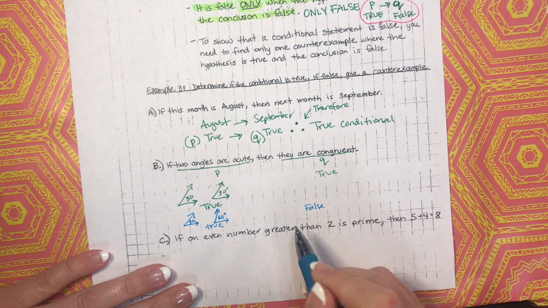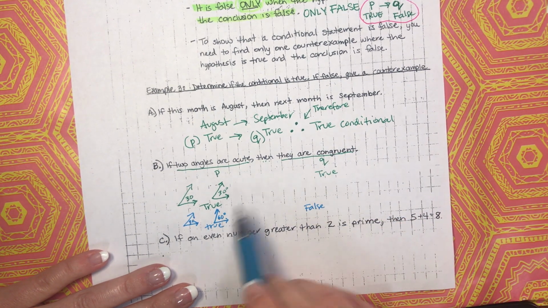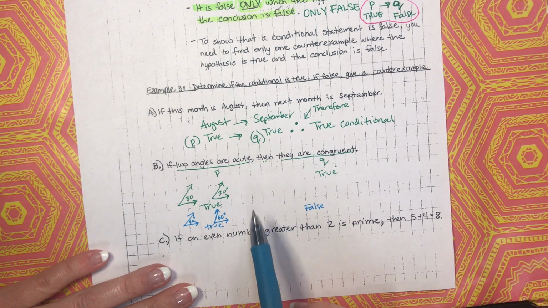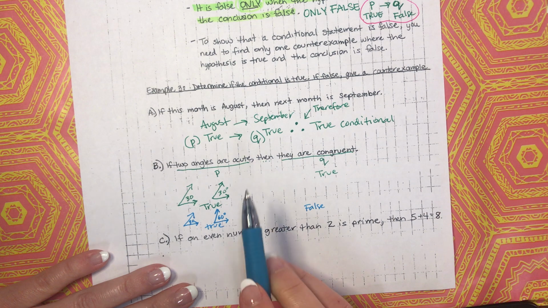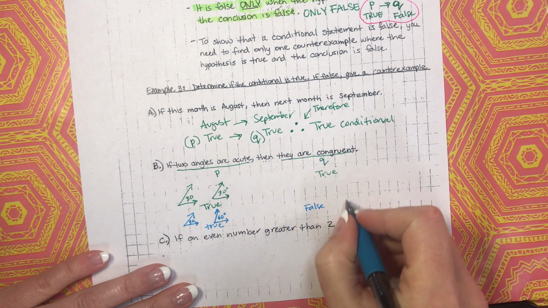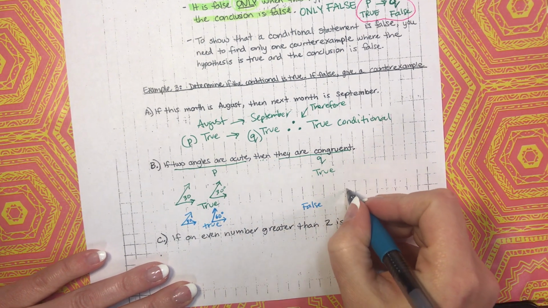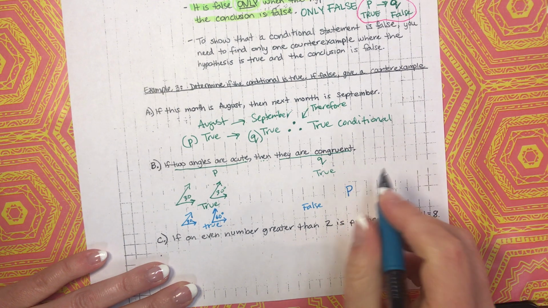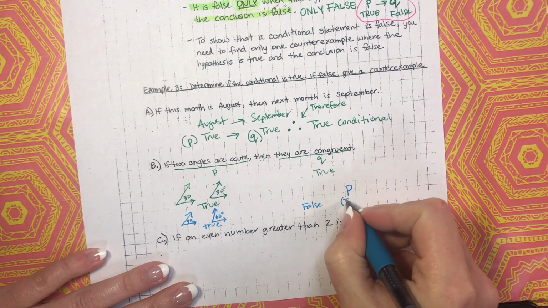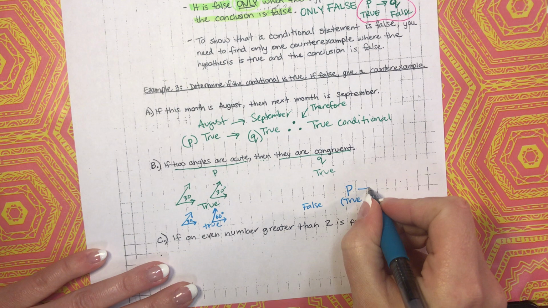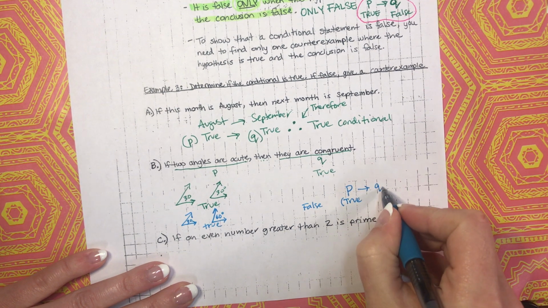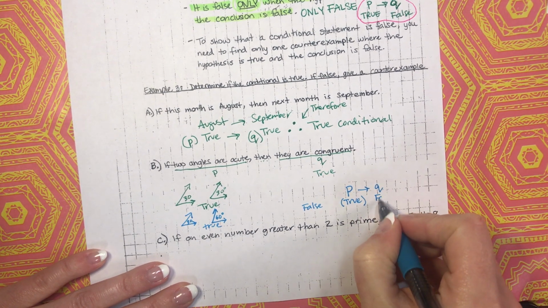So this shows that it's false. So this would be the counterexample, which would mean that this conditional statement is false. What we have is a hypothesis that is true, and then we have a conclusion, which is false.